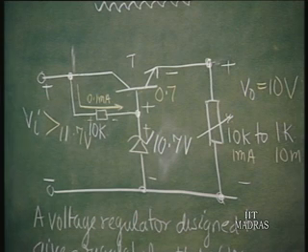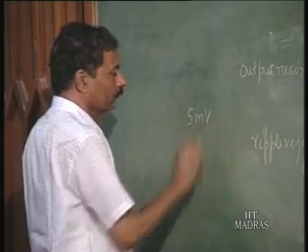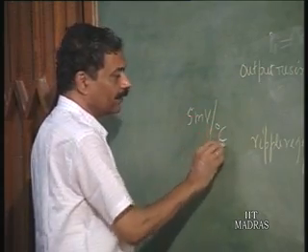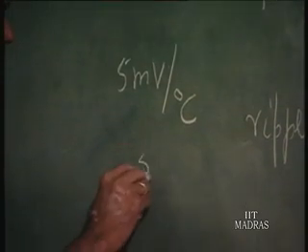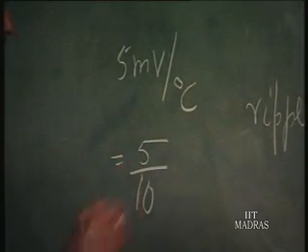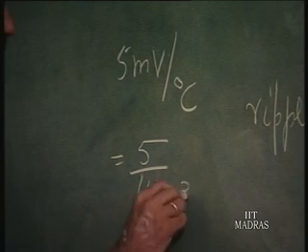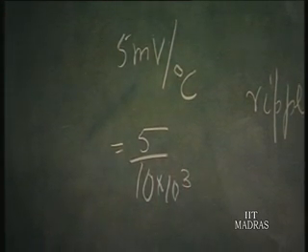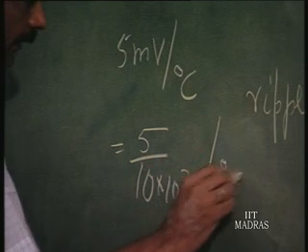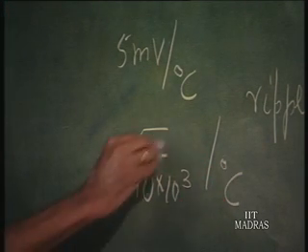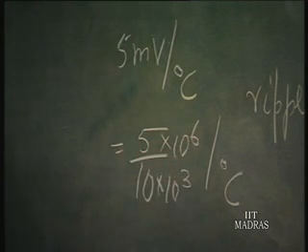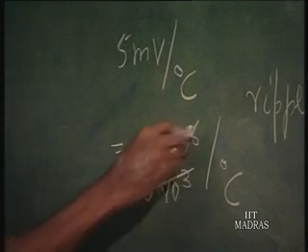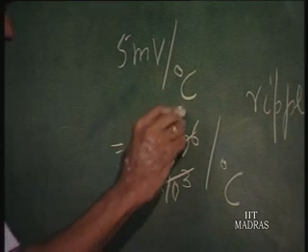5 millivolts per degree centigrade rise in temperature. So, this is going to be 5 divided by 10 millivolts per degree centigrade rise into a million. So, this gives you 100.